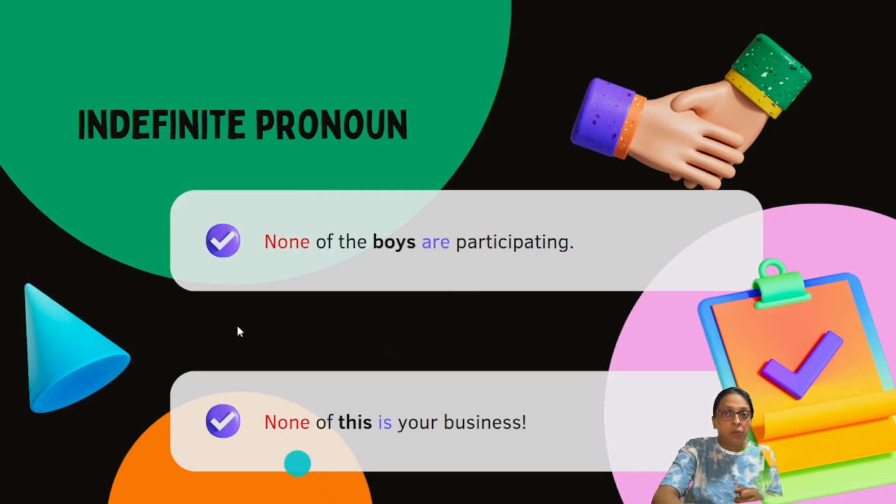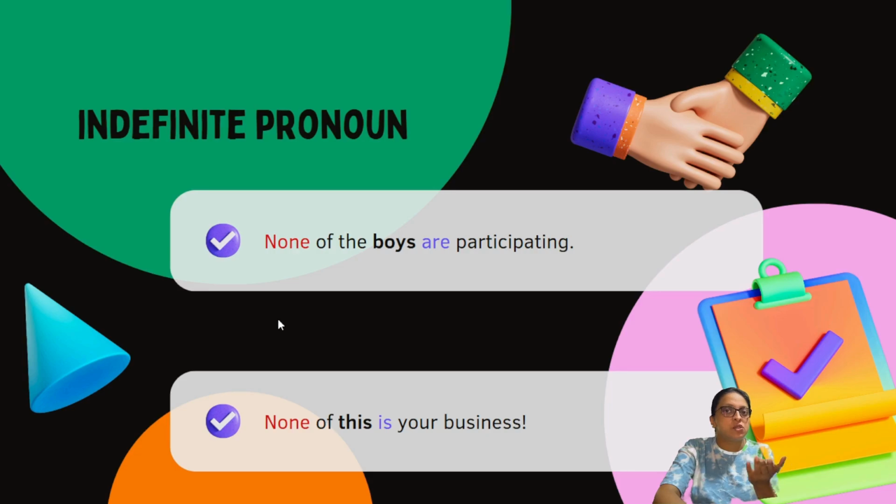Now, if you're saying, none of this is your business, what is this here? This is again a pronoun. We are talking about something and we are referring to it as this, and you cannot say that thing is countable. It could be some issue I am going through, and I want to tell a person, this is not your business.